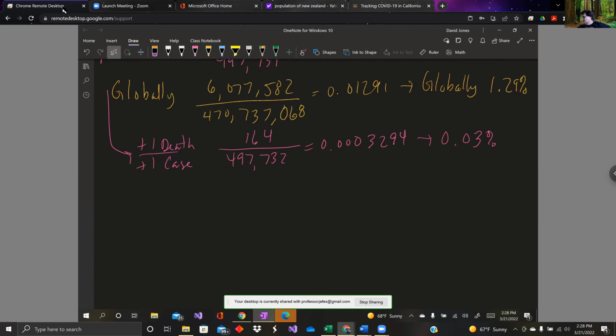Which one of these is right though? Globally is probably the closest, but usually when we're trying to find something out, we don't have access to global results.